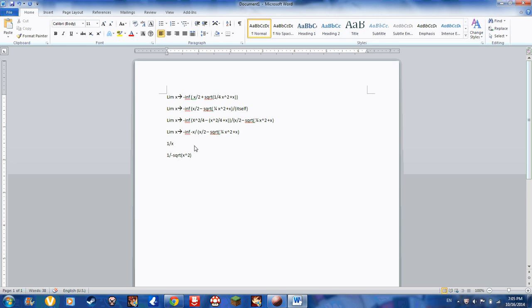Well, the important thing to note is that x approaches negative infinity, and the square root of a square is always positive. So you have to make that negative in order to account for that negative infinity. And of course, 1 over negative square root of x squared is supposed to be equal to 1 over x.